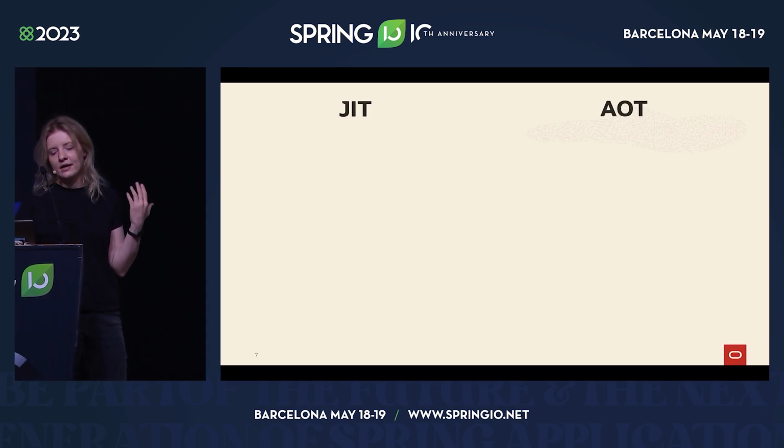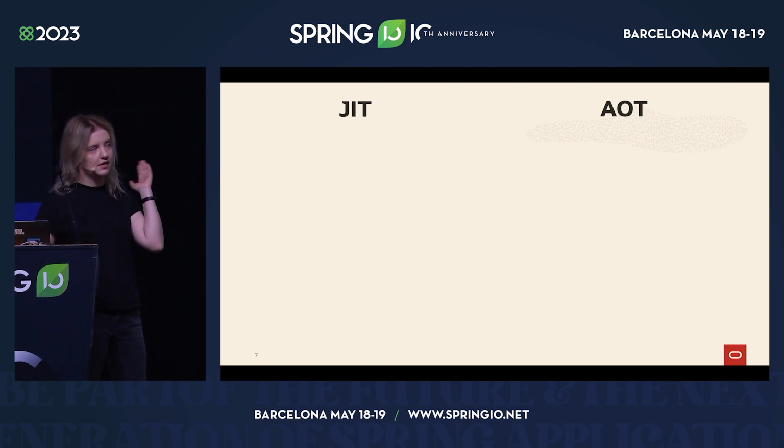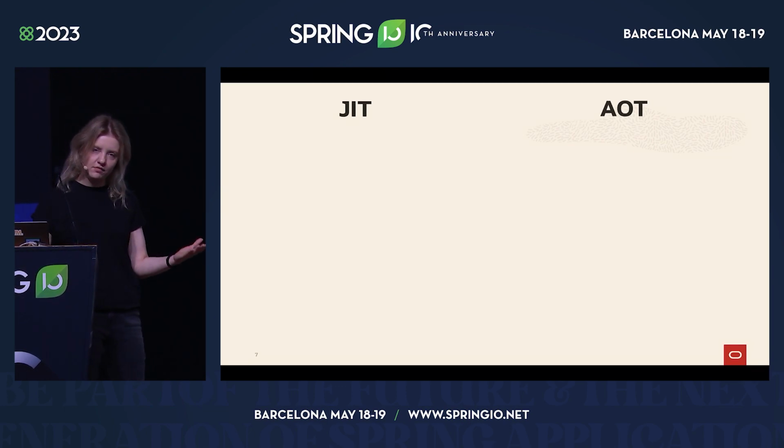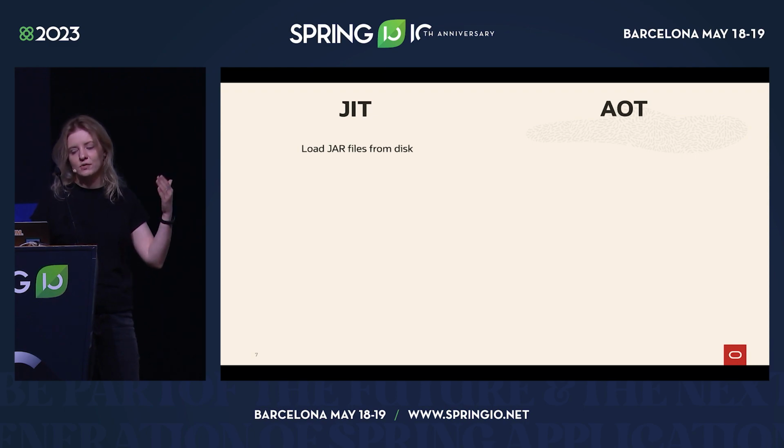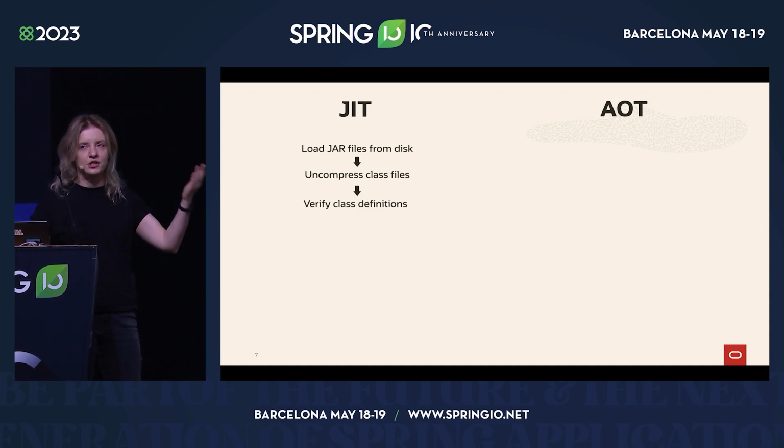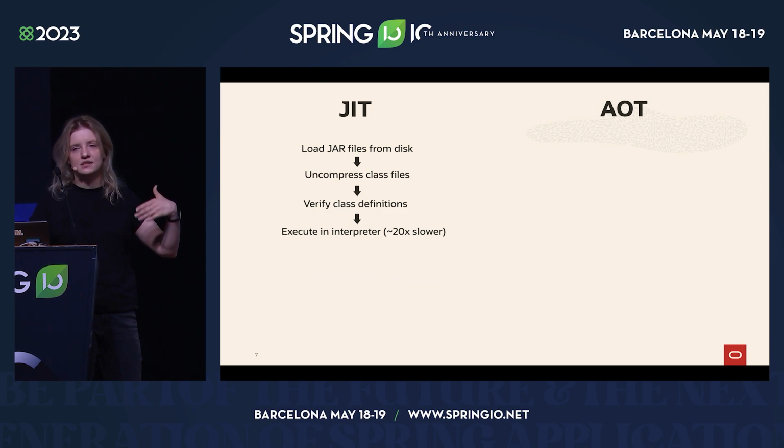And just to compare running on GraalVM native image, that's in green here on the slide, versus running on the JVM. The JVM in this case can be OpenJDK, GraalVM JVM, doesn't matter. So if we compare those two execution modes, those are the operations that need to happen before you can run your application in this warmed-up peak performance stage. So when you're running on a JVM, you need to load jar files, classes themselves. You need to look at them, start interpreting, start collecting profile information, compiling.